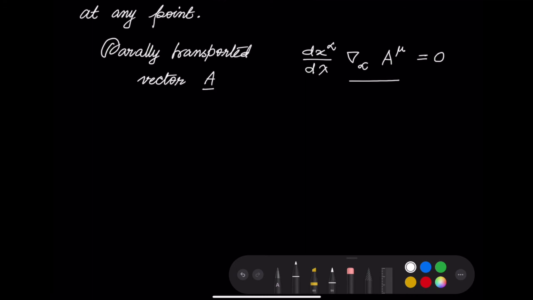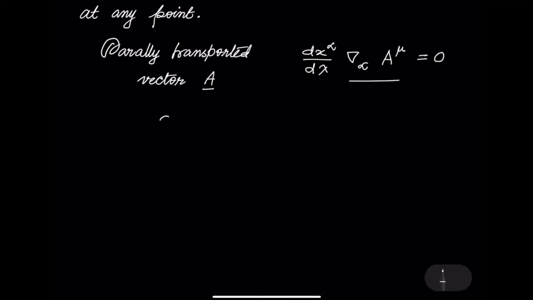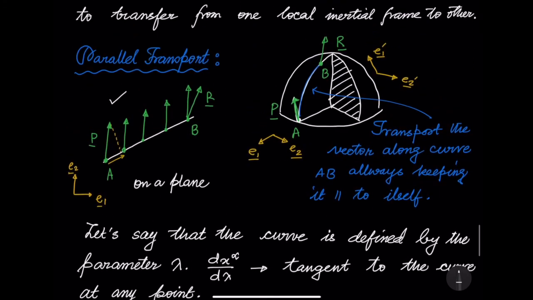So if I write this dx alpha d lambda, writing down the covariant derivative explicitly, it is del a mu del x alpha, and then I will need the Christoffel symbols.